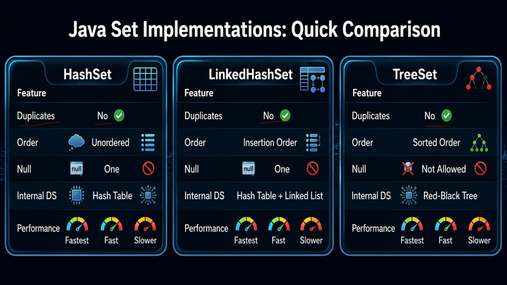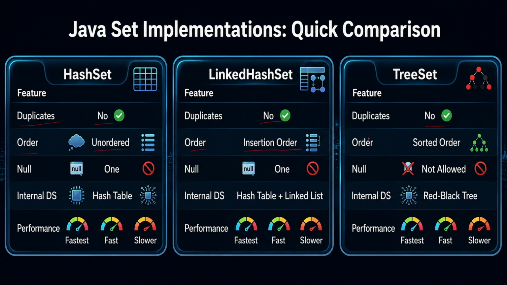The second point is order. We know ordering and sorting, right? HashSet provides no ordering and no sorting, so it will be unordered. LinkedHashSet provides ordering but no sorting, so it will maintain insertion order, the order in which elements are inserted.